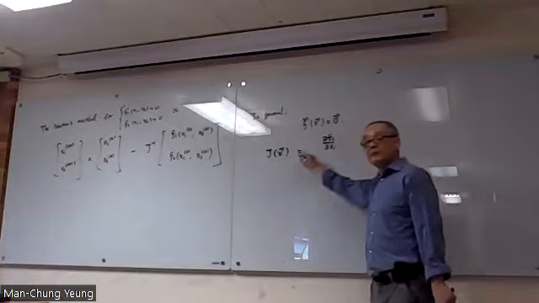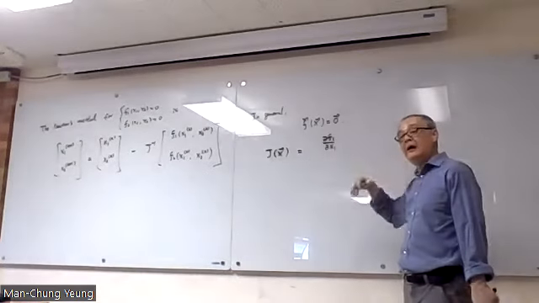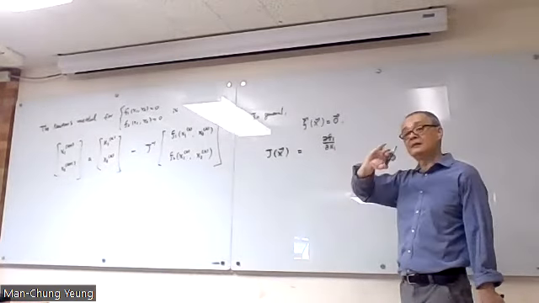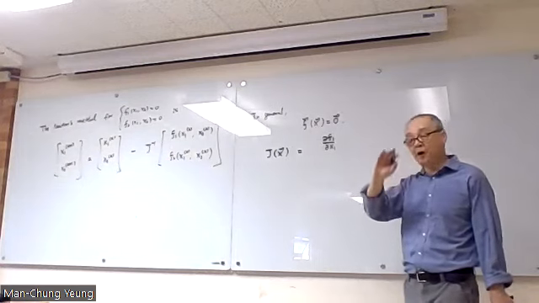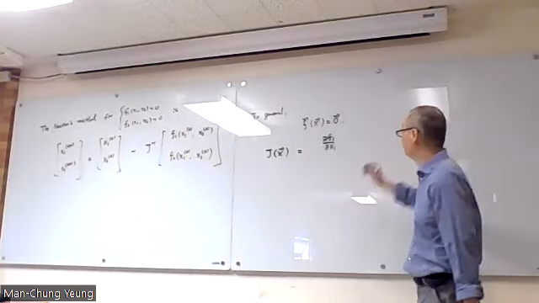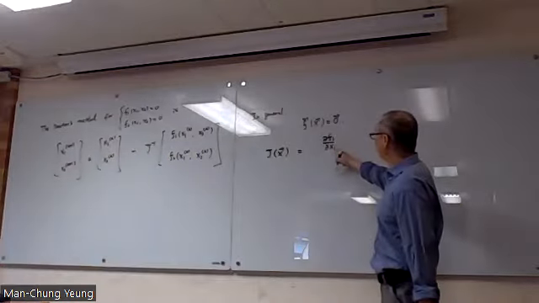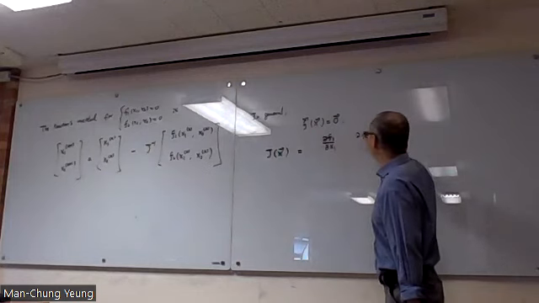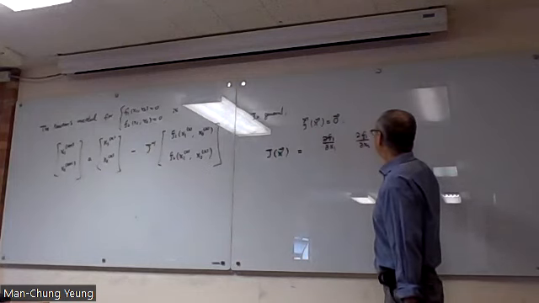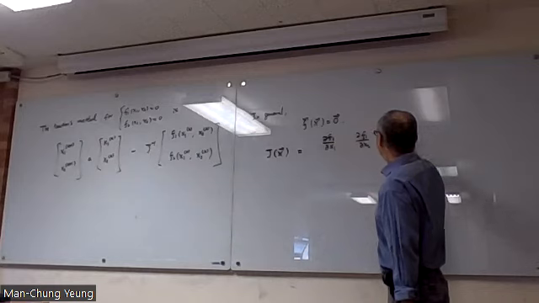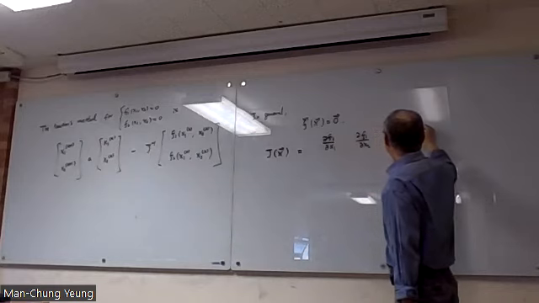This is a matrix. The first row is the partial derivatives of the first function f1: f1 with respect to x1, x2, and so on, up to xn.